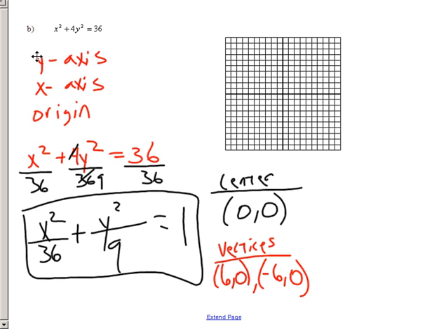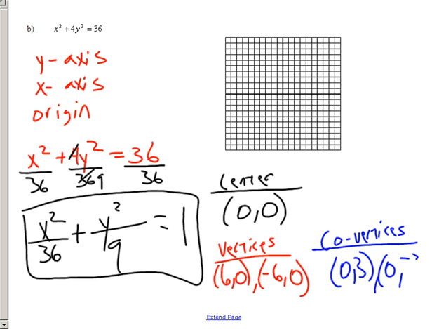If you take the smaller denominator, which is 9, the square root of 9 is 3. It's underneath the y. These are called the covertices. It's determined by the larger and the smaller denominators. Covertices will be 3 units away. So we're going to add 3 units to the y-coordinate and subtract 3 units.